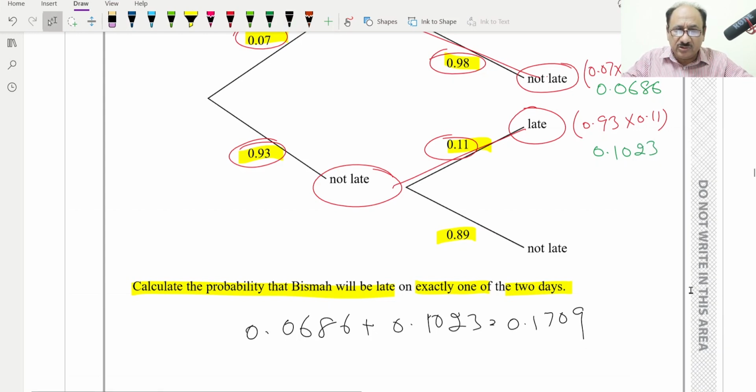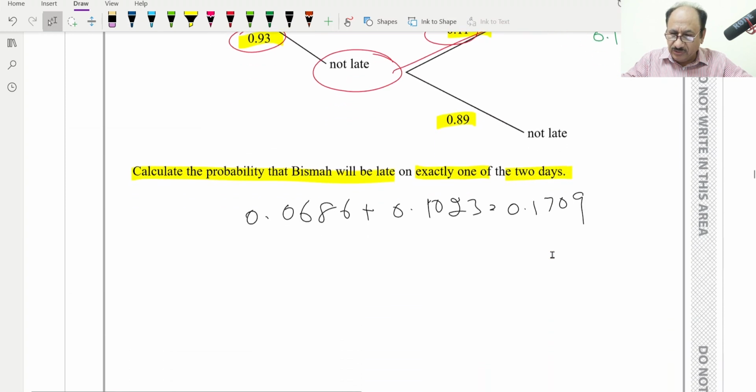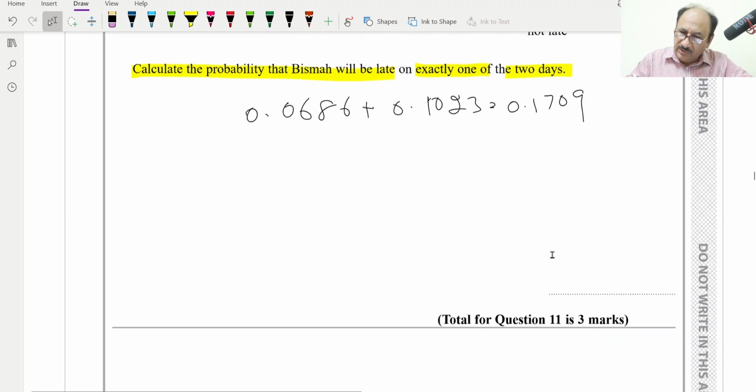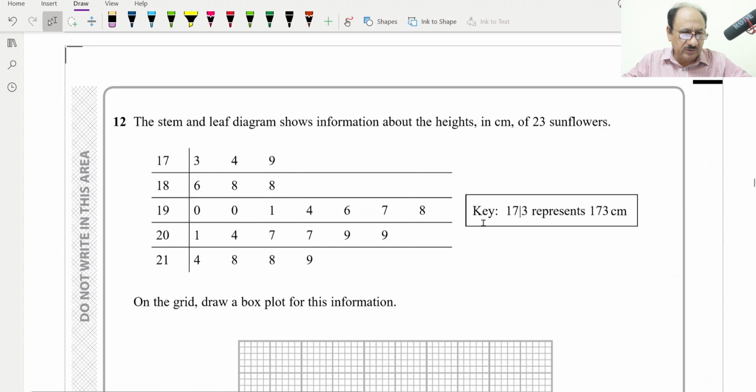This will be the probability which is required, and we will write here 0.1709. This will be our final answer. This is a 3 mark, easier question.